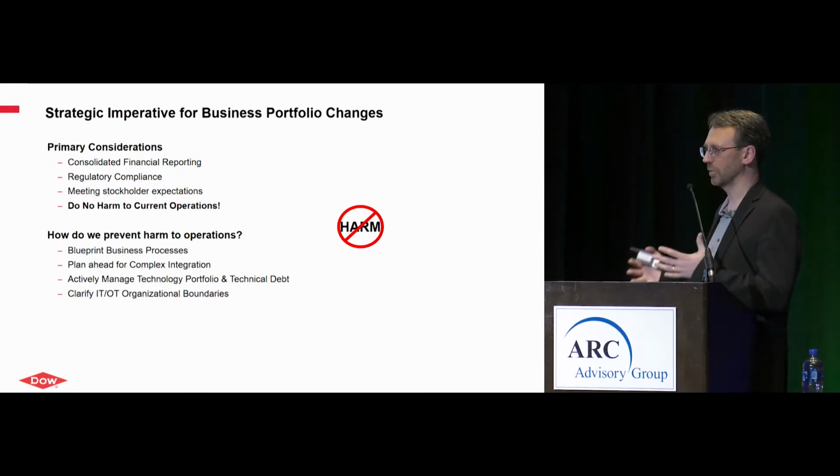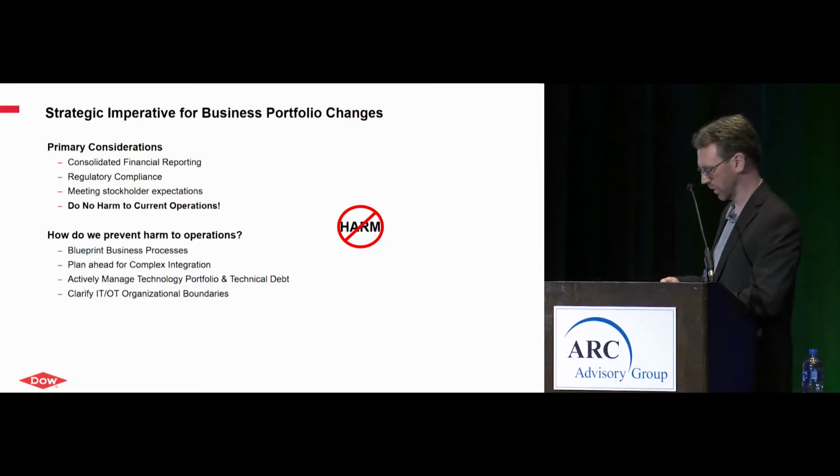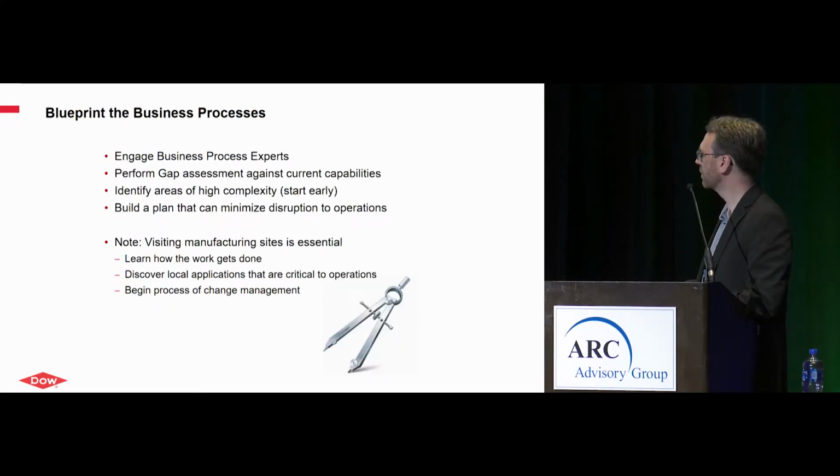You accumulate these things over time, and you have to have a strategy for what to do with those things. And then I'll talk a little bit about the IT/OT implications and challenges.